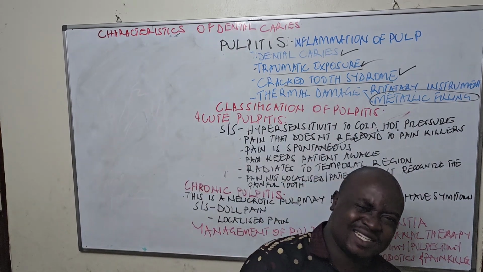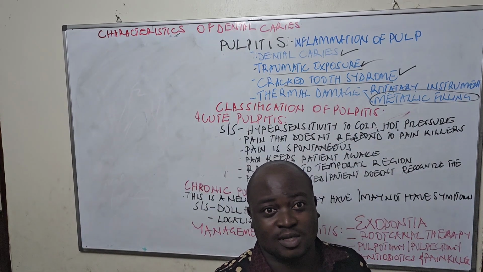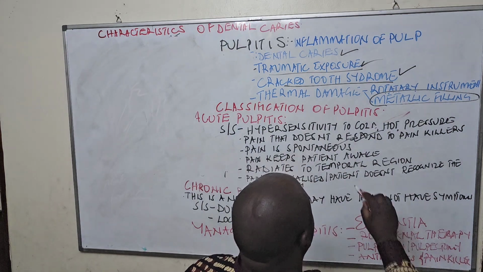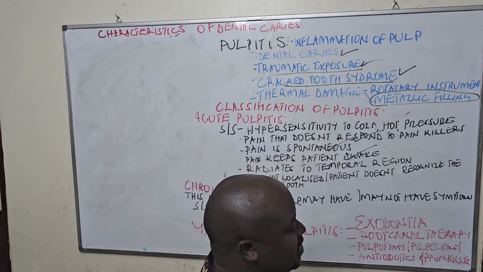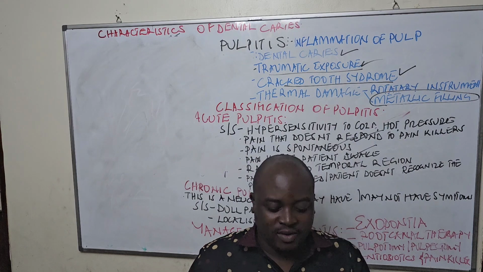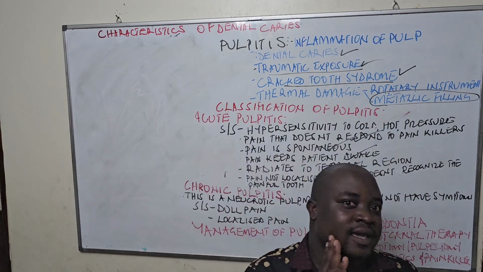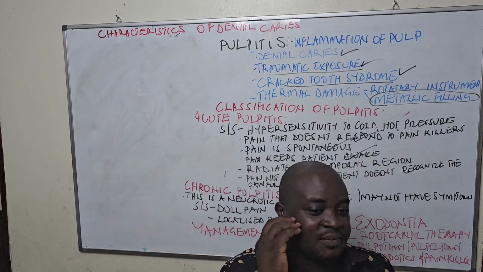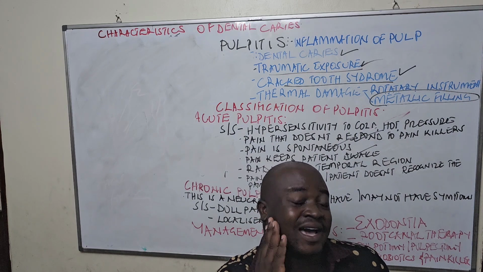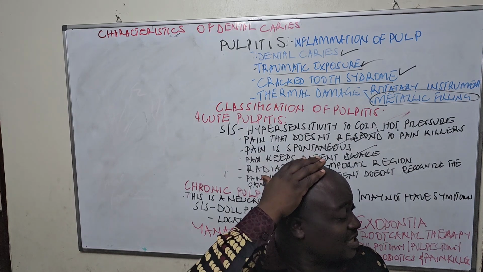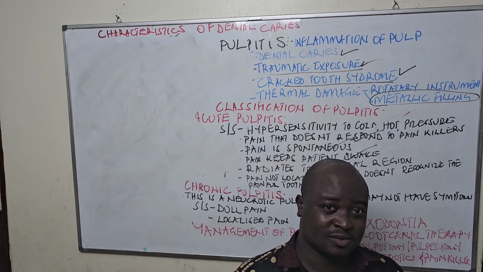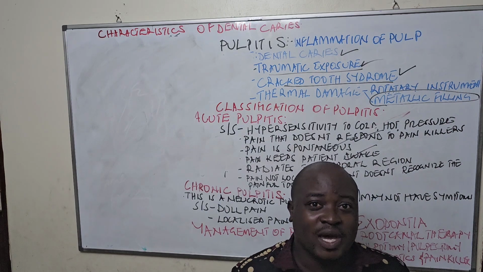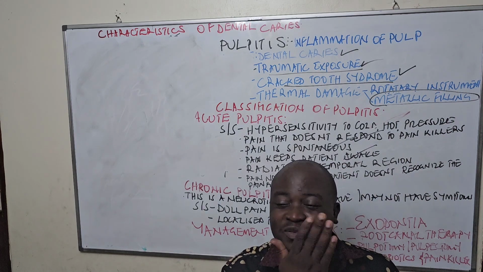The pain can make you awake. You're sleeping at night, it awakes you and makes you awake. The pain is not in one area. The pain may be in the maxilla or mandible and can radiate to the temporal region or to other parts. Or you can have it here and you feel it on this side.